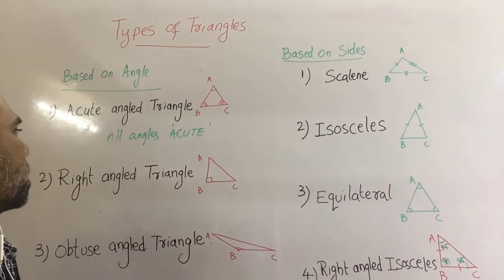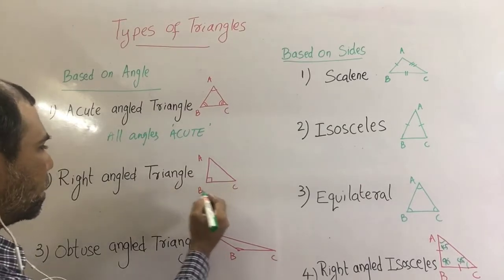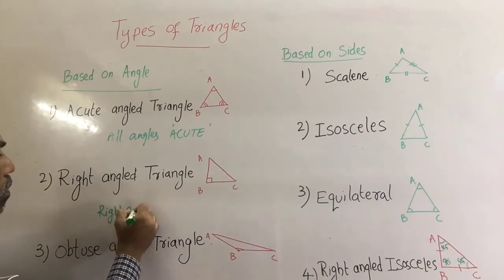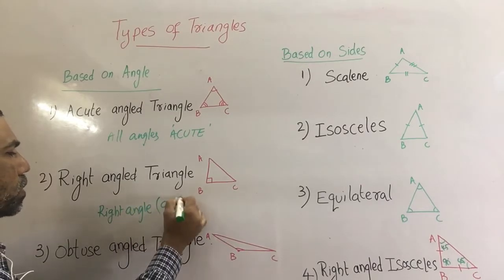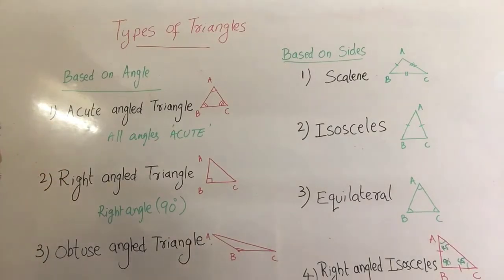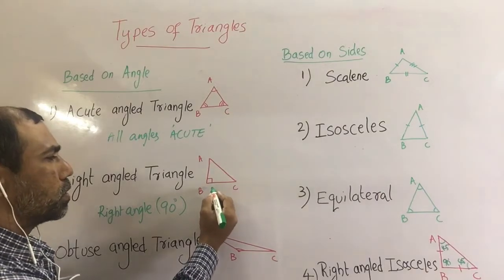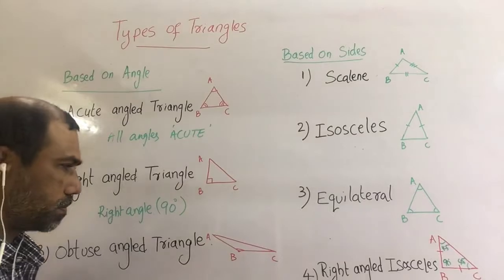And if a triangle contains at least one right angle, that means a 90 degree angle is there, then that particular triangle is a right triangle, and a right angle will be represented by a simple square like this.